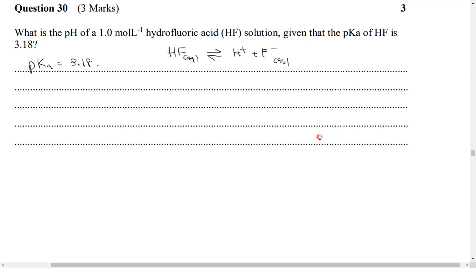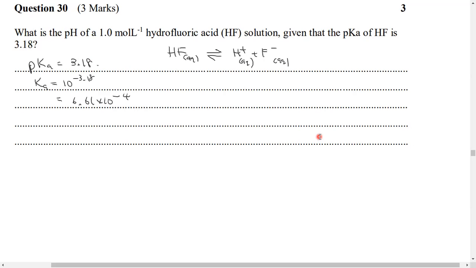I'll just use Arrhenius' definition, which is sufficient for our purposes here. So pKa is 3.18, which means Ka is 10 to the negative 3.18. So that means it's going to be about 6.61 times 10 to the negative 4.